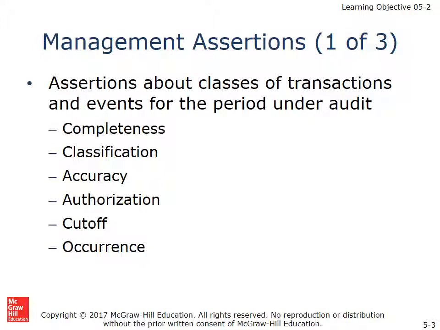The next level of assertion that management makes is about account balances at the end of the period. The assertion about existence addresses whether ending balances of assets, liabilities, and equity actually exist. Rights and obligations. The company has a right to call that an asset.